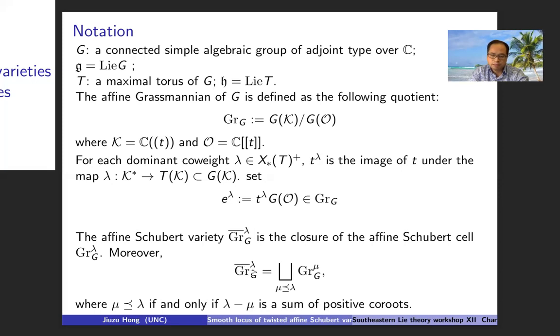The affine Schubert variety, G bar lambda, is a disjoint union of many affine Schubert cells, and it consists of those cells G mu such that mu is dominated by lambda. So this is the standard partial order: mu is dominated by lambda if and only if lambda minus mu is a sum of positive co-roots.